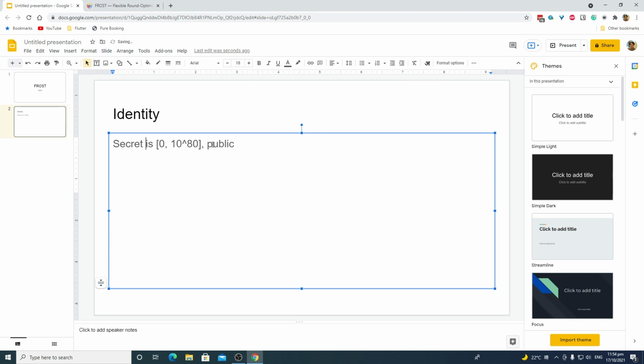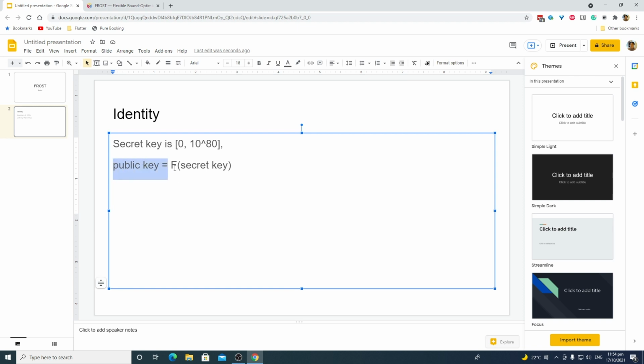And now there's a process that allows you to convert between that secret and a public value. So that's your secret key, and then you can have a public key that is a function of the secret. Basically you take the secret key and you can transform that into a public key.